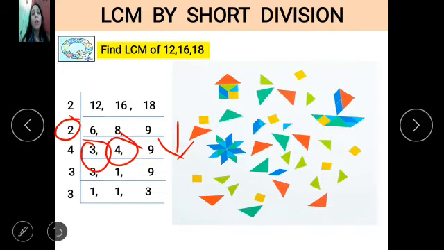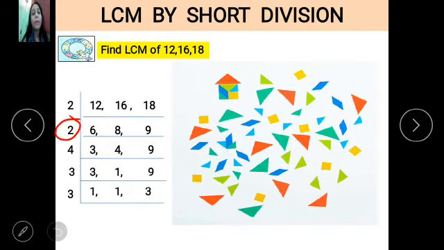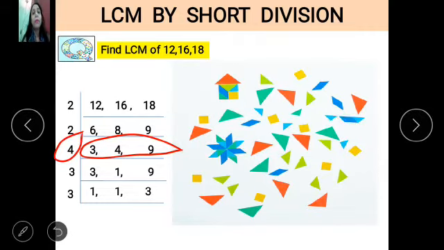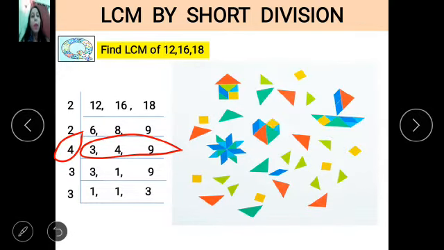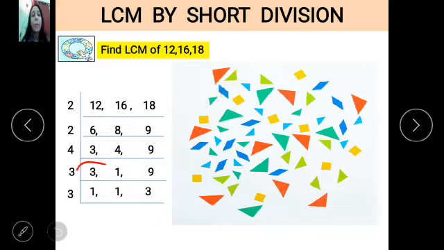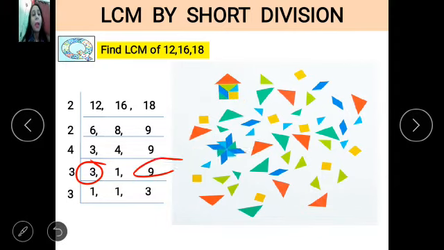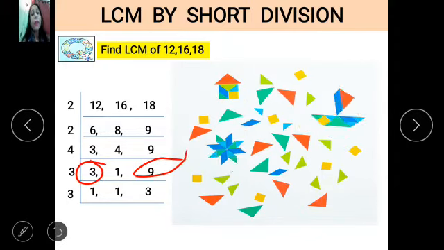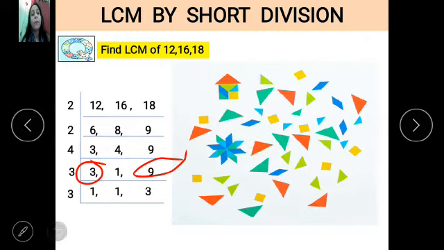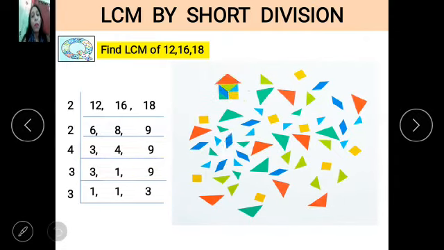Okay children, now come to the next step. You just divide by 4. Now you see 3 comes down, 9 comes down and 4 ones are 4. Now come to the next.